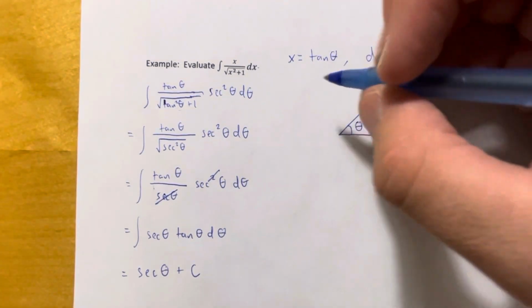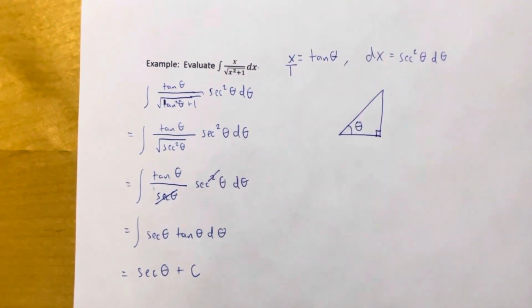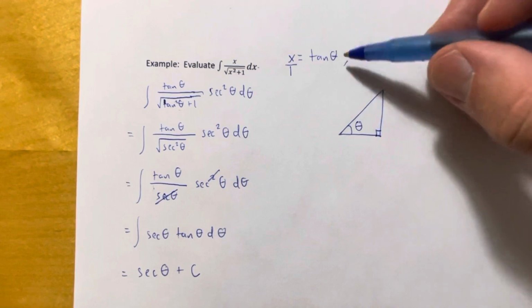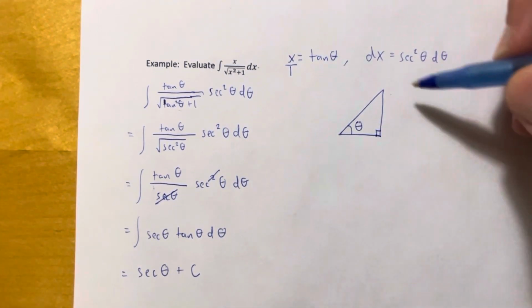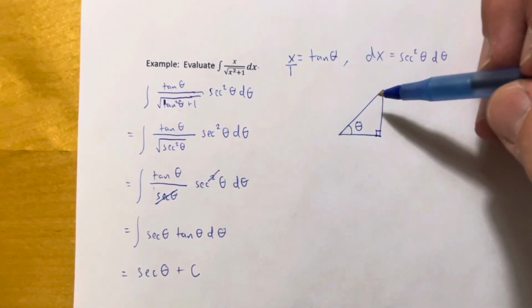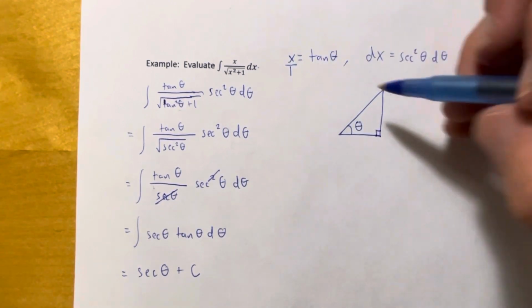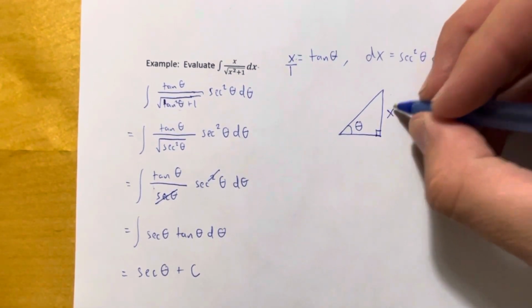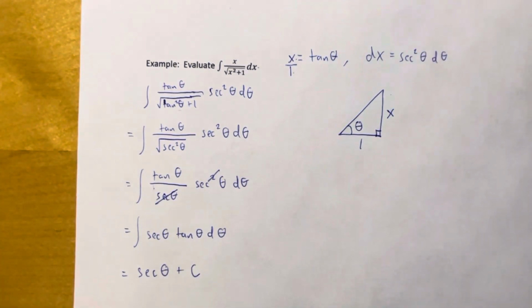It's going to be a little bit more helpful if I take that x and put it over a 1, because we're used to thinking of trig functions within right triangles as quotients of things. So the tangent function I know is opposite over adjacent. Opposite in this case would be x. Adjacent is that 1 that I put down there.